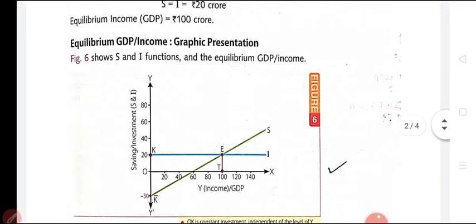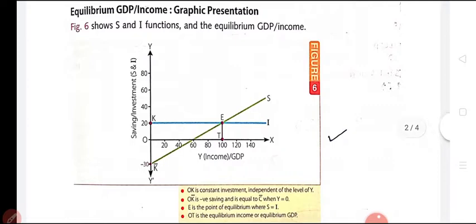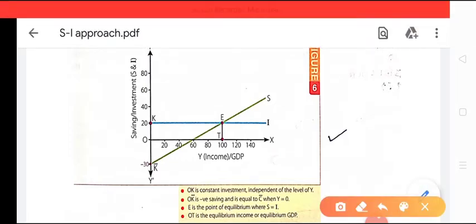You can see this in the figure also. This figure is depicting the relationship between saving, investment and income. As I told you yesterday and today also, on x axis you have to always take income and on y axis you will be taking the other variables. So we are taking investment here on y axis, saving also on y axis.